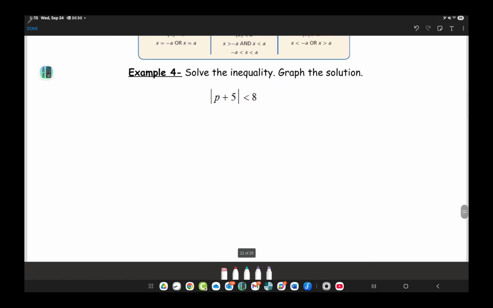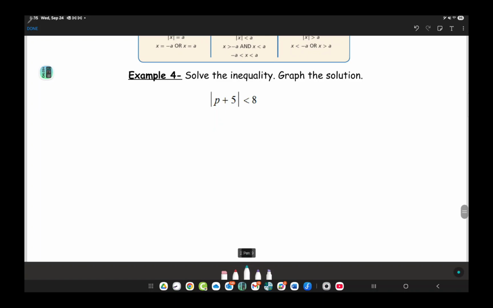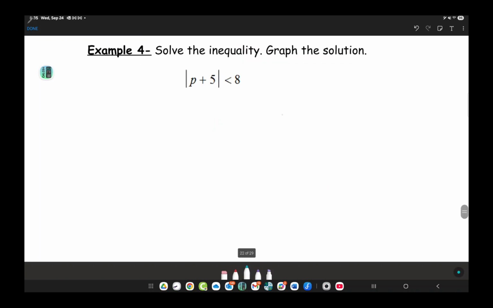Here's what we're going to do. We are going to take the number, okay, and it's negative. We take the number and it's negative, and we're going to drop the absolute value. Now, that's exactly what we've been doing.